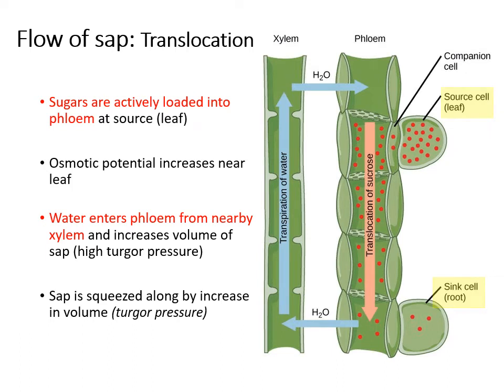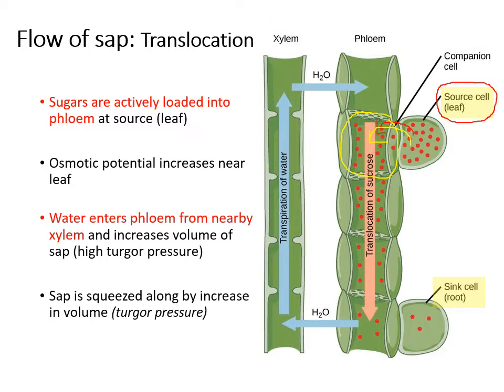Now, the way that works is that, let's say here I've highlighted a source, let's call it a leaf, where sugars are being made, and those sugars are pumped into the phloem, okay? They're pumped into the phloem at the source, and that creates a lot of sugar concentration right near the leaf, and we call that osmotic pressure. We've talked about osmosis before. That osmotic pressure means that water wants to move into that area to dilute it.